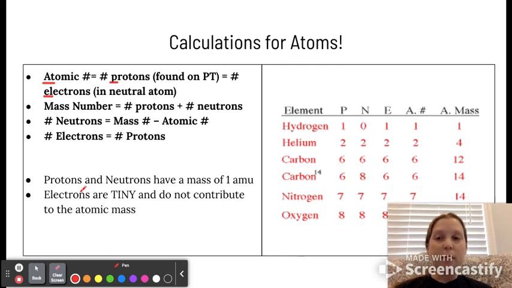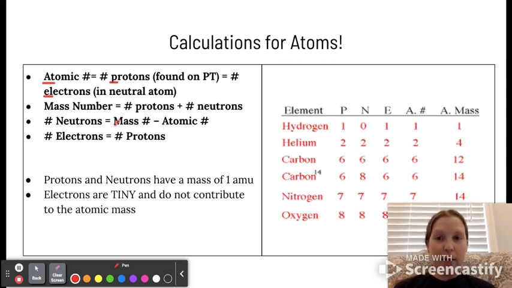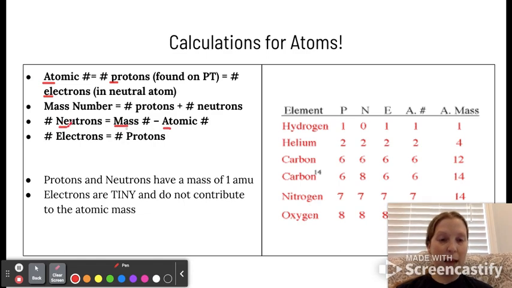And then MAN, M-A-N, this one's out of order, is mass number minus atomic number equals neutrons. So APEMAN. It's just a way to help you remember how to calculate these values.